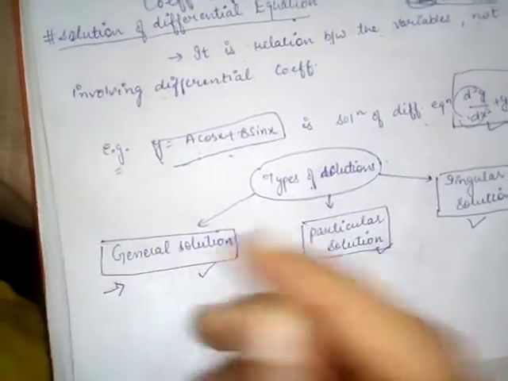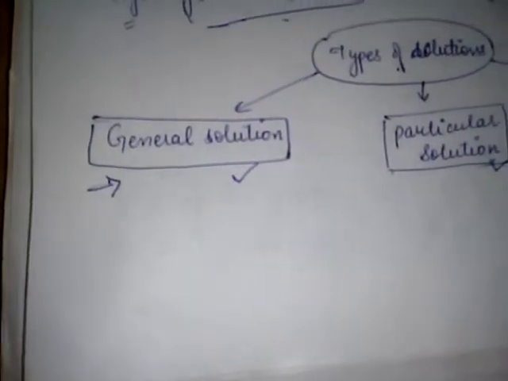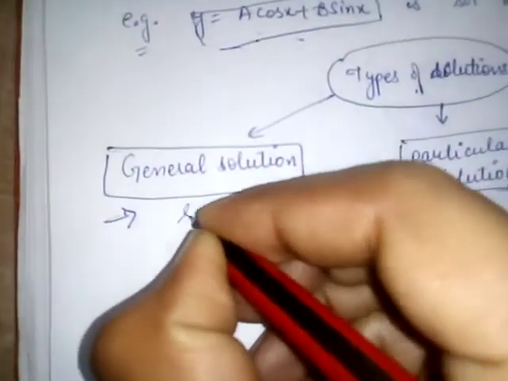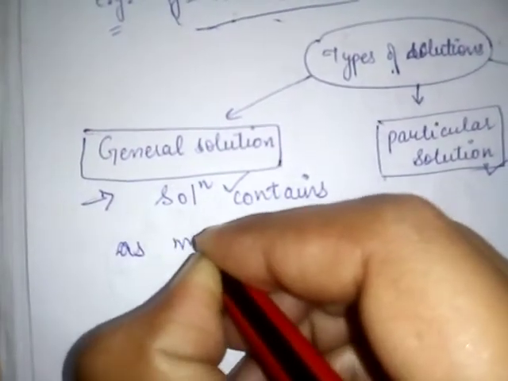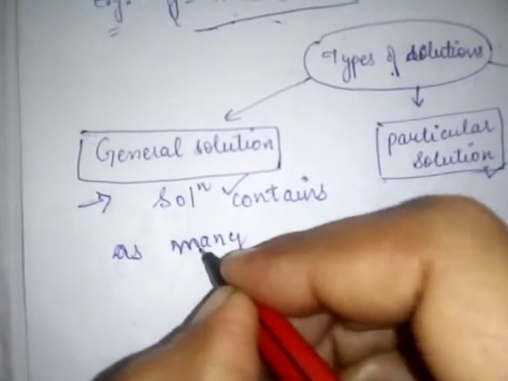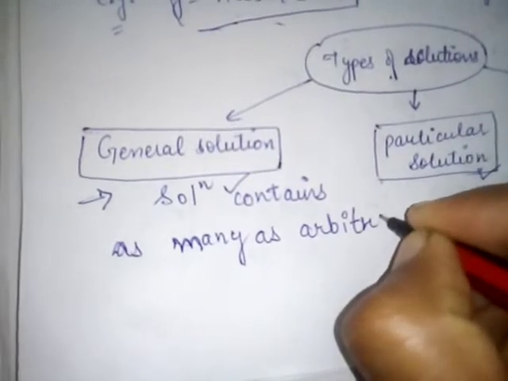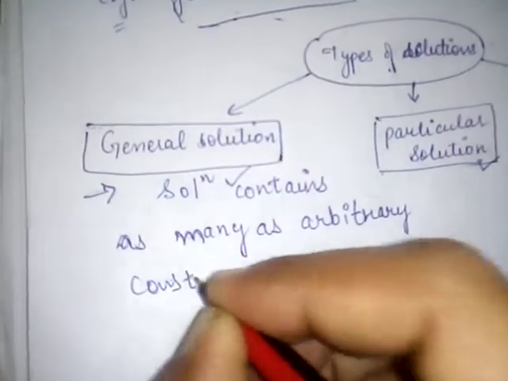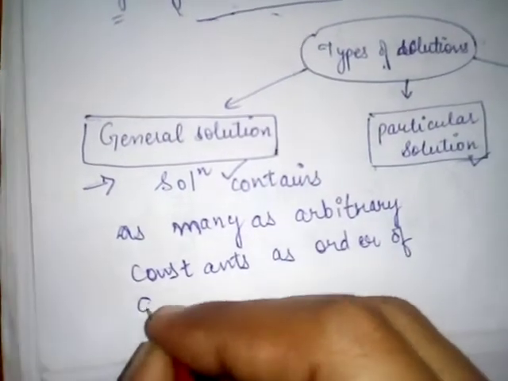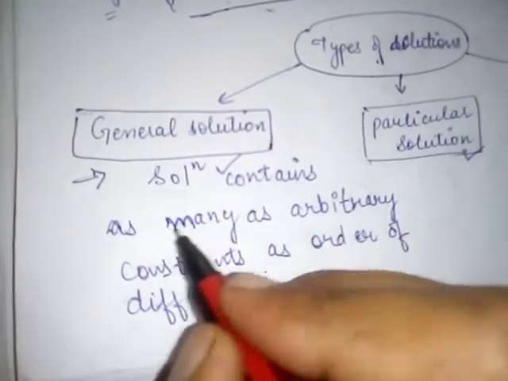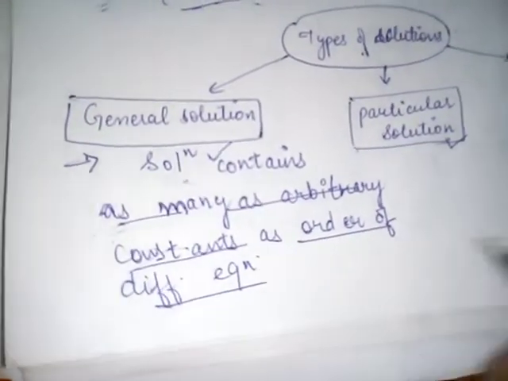General solution is called when the solution contains as many arbitrary constants as the order of the differential equation. A solution which contains as many arbitrary constants as the order of the differential equation is called general solution.